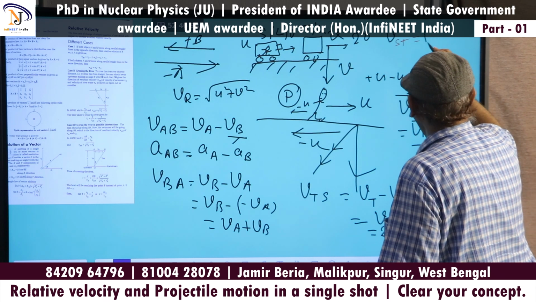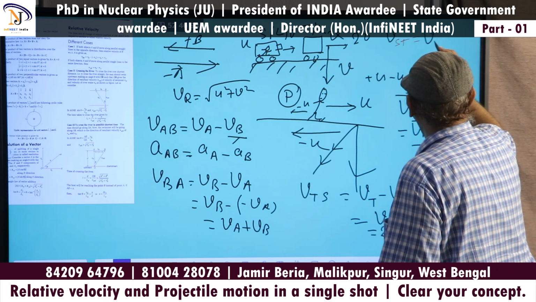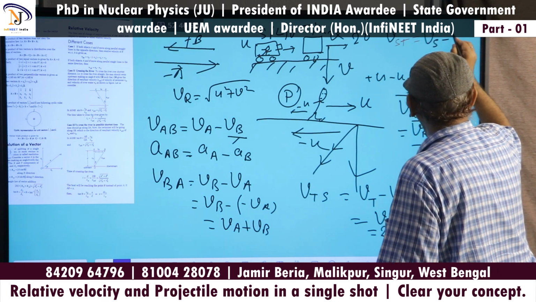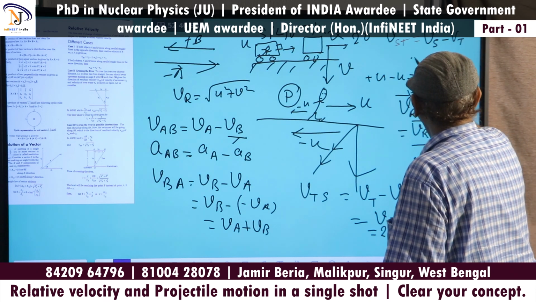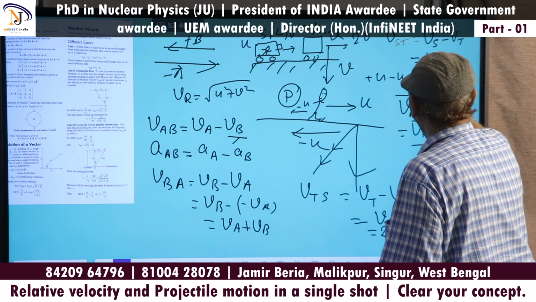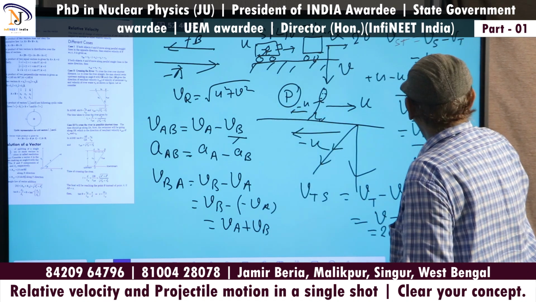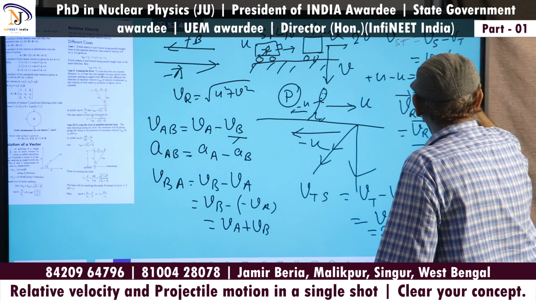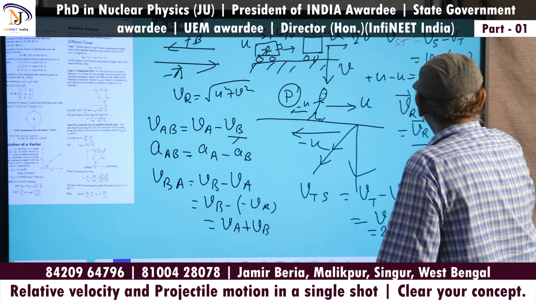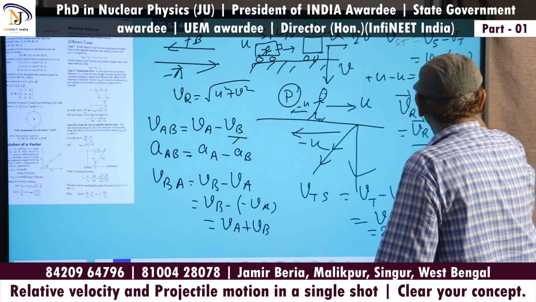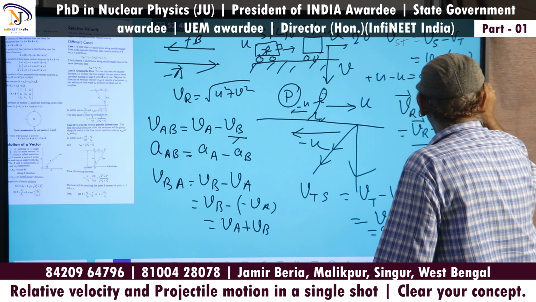Here Vs minus Vt. You see, here Vs means 10 and Vt, in the negative direction, is minus 20, so that is 30 km per hour.